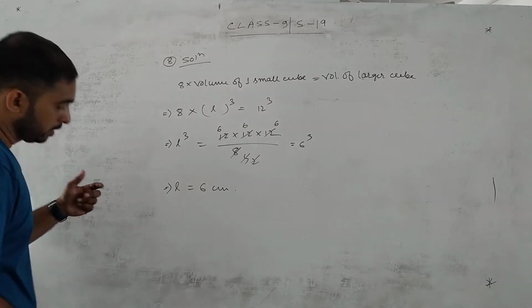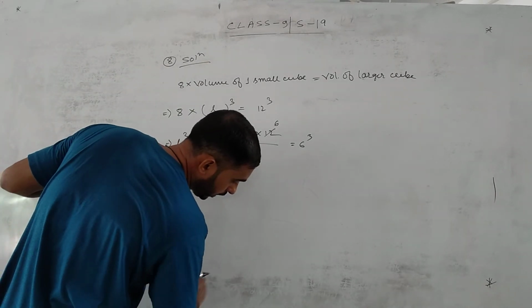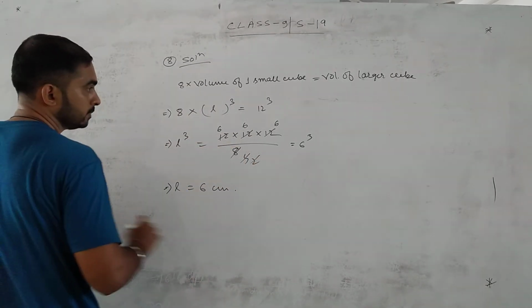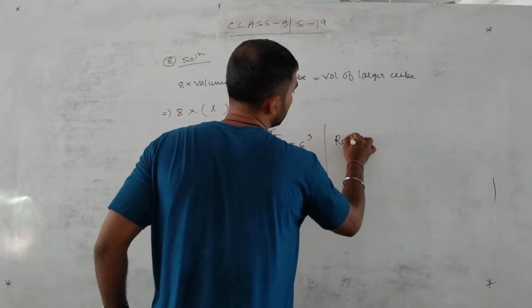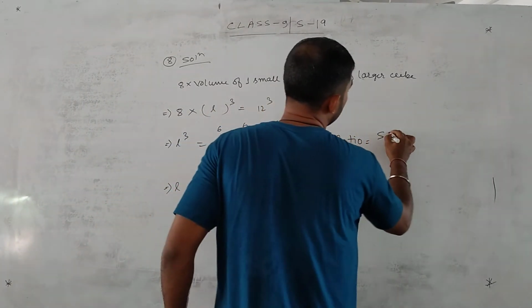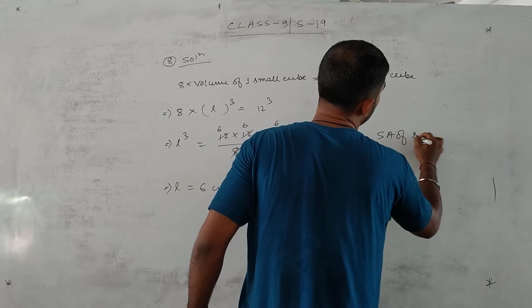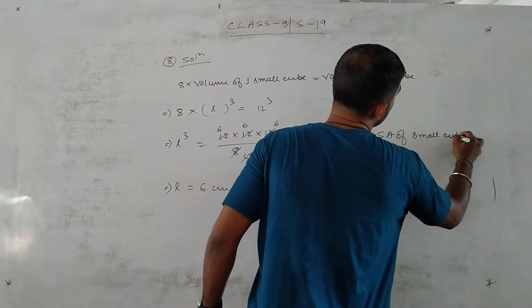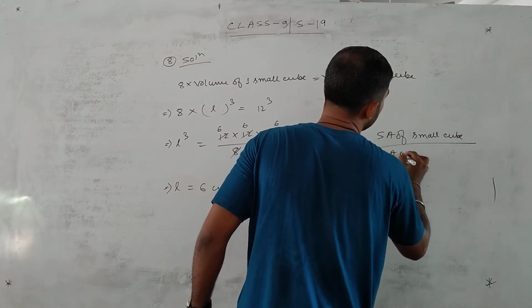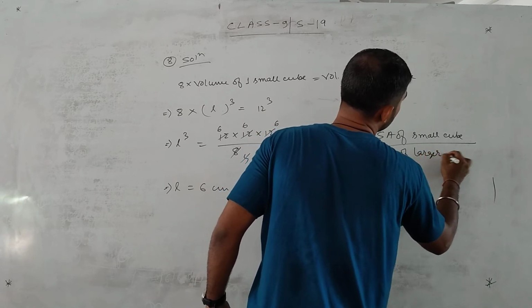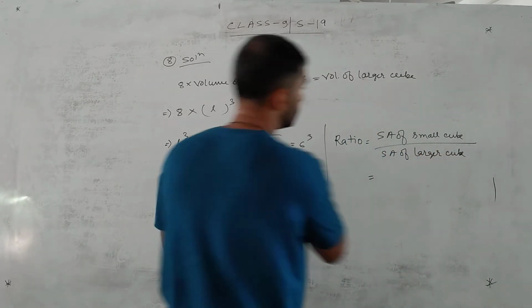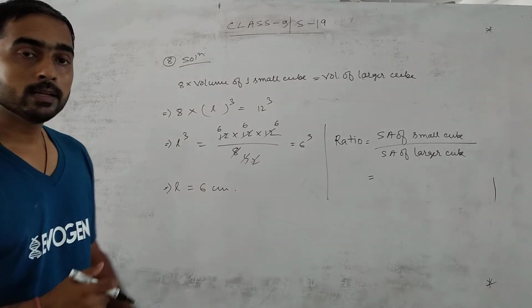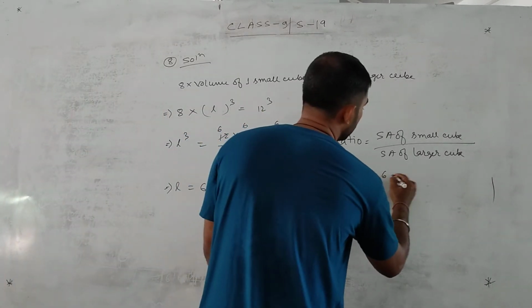Then the question is to find the ratio between the surface areas. So ratio equals surface area of the small cube by surface area of the larger cube. Surface area of a cube formula is 6L square.